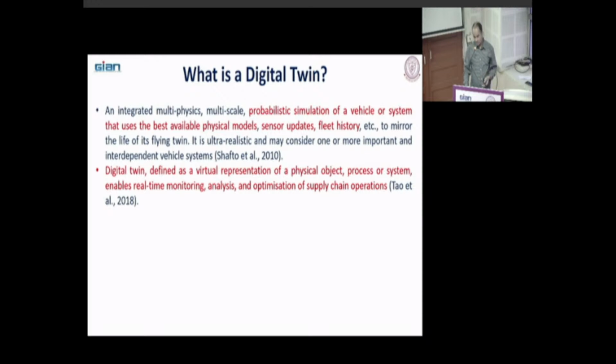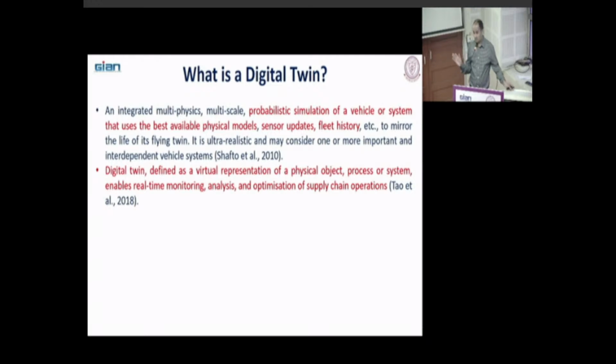So that is a virtual replica of that physical object, system or process, and it enables real-time monitoring of what's happening in your supply chain, your warehouse, your company. Once you get that real-time data, you analyze it and optimize your supply chain operations, your logistics, whatever process you want to improve or enhance.